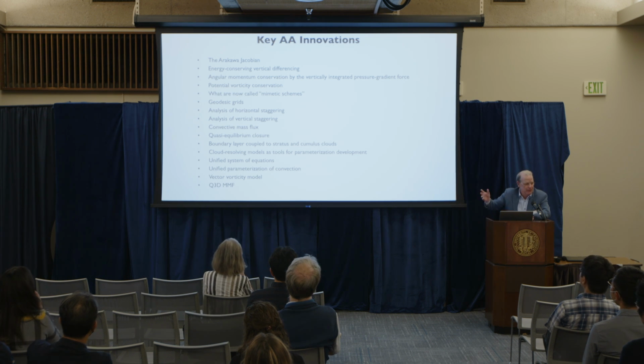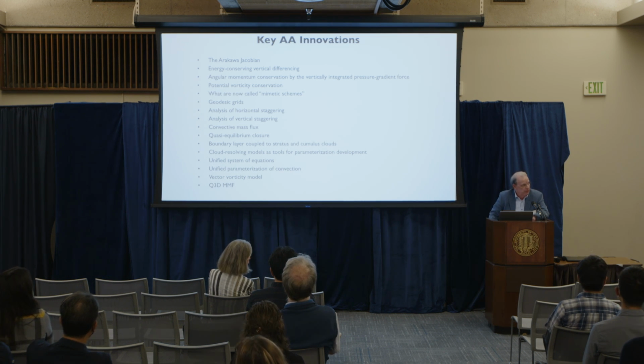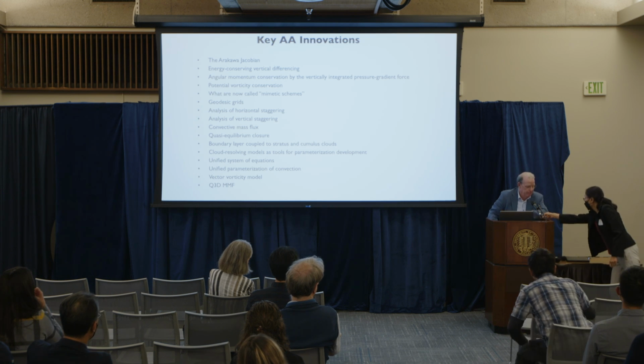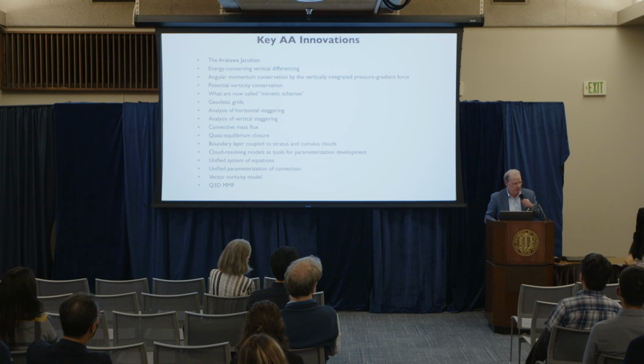So I started with the Arakawa Jacobian. I won't read this list to you because it's too long, but many of these things, I think more than half of them, I'm going to mention again as I go through the talk. And this slide will appear again near the end.